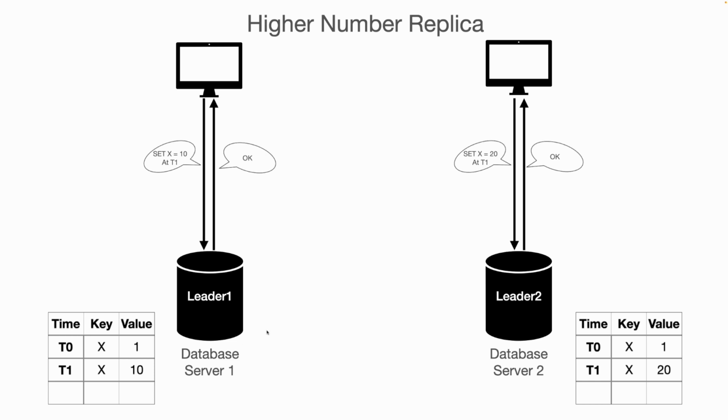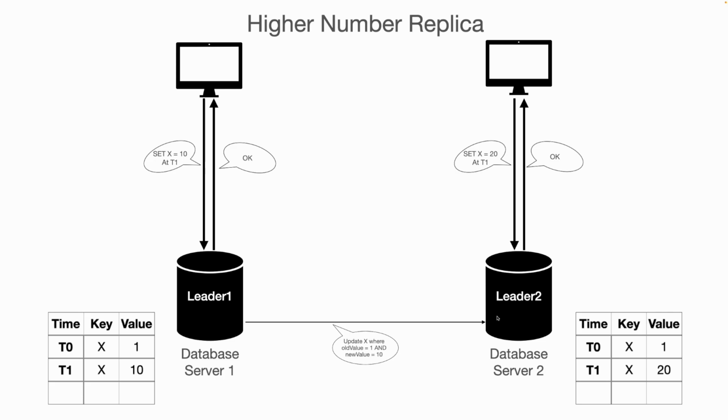In that case, leader 1 will initiate the sync call with leader 2, updating x where the old value is 1 and the new value is 10. Leader 2 will see that it has already updated the value of x to 20, and that leader 1 is less than leader 2 from the serial number point of view.